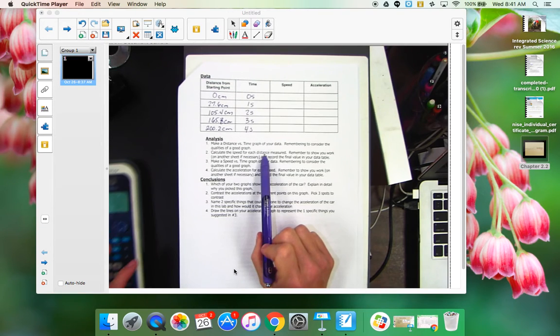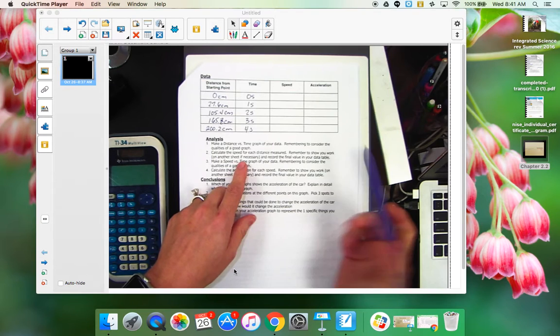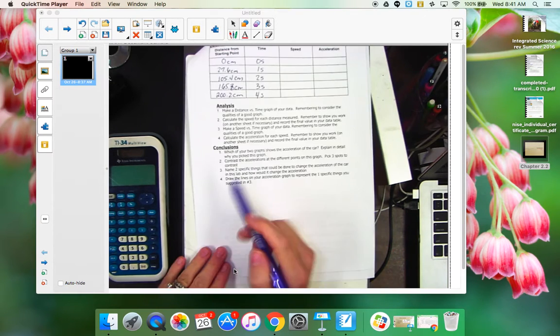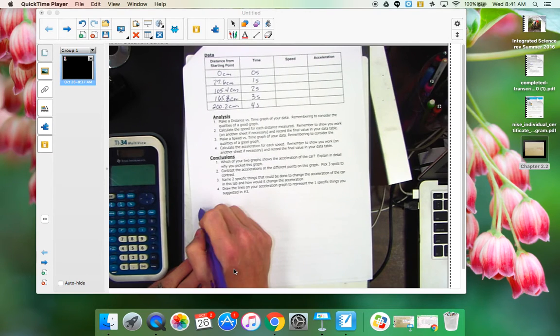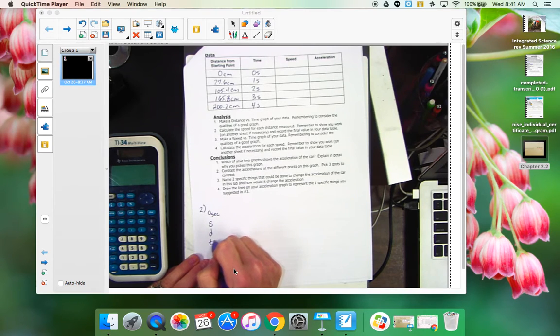So calculate speed for each distance measured. Remember to show your work on another sheet of paper if necessary. So I am going to just do a couple of them down here. So my number 2, I need for 0 seconds, I need speed, distance, and time.